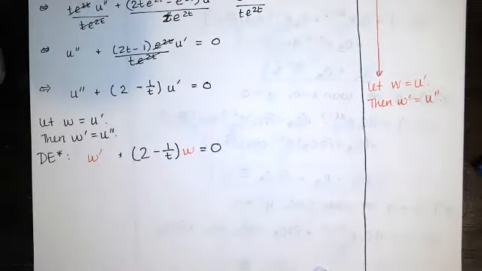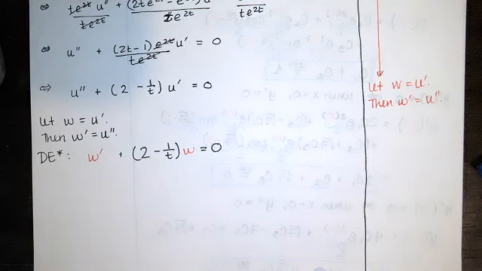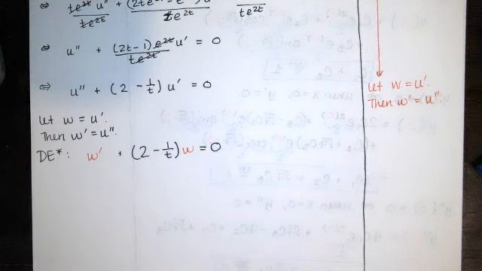Now this time, the differential equation happens to be separable. So if you want, you could just solve this by separating the variables, and that would be totally fine. I think that's what I'll do this time, rather than using an integrating factor here.